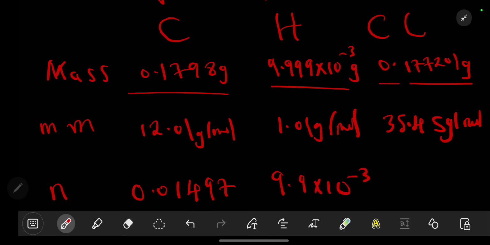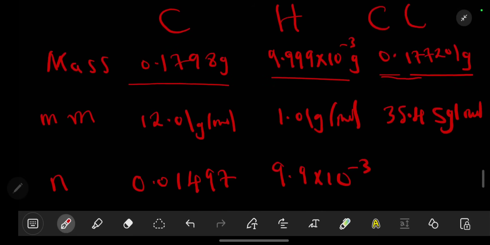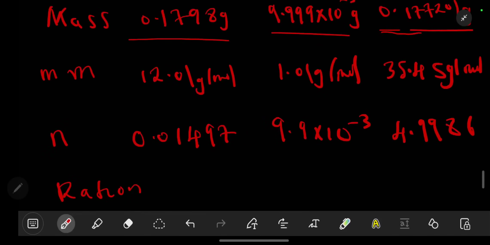Then last but not the least, if we divide 0.177201 by 35.45, this is going to give us 4.9986 times 10 to the power of negative 3.